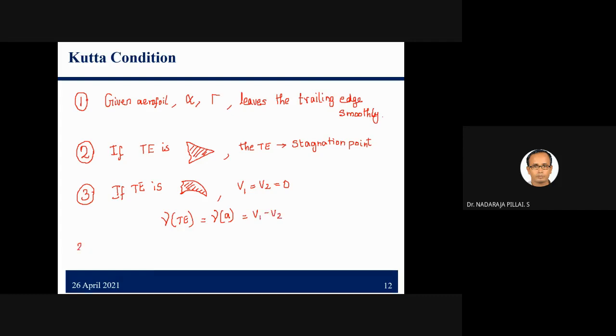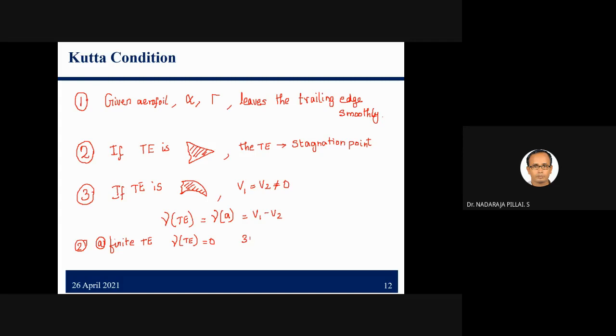So in the Kutta condition 2 case, that is at a finite trailing edge, the gamma at the trailing edge is equal to 0. In the third case, it is not equal to 0. Here it is equal to 0.